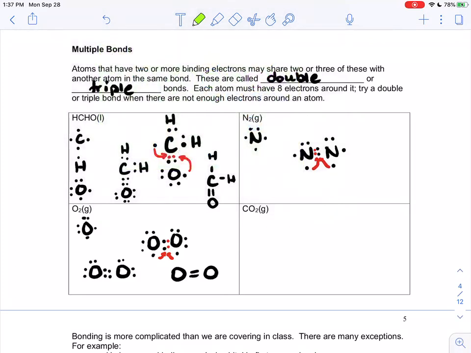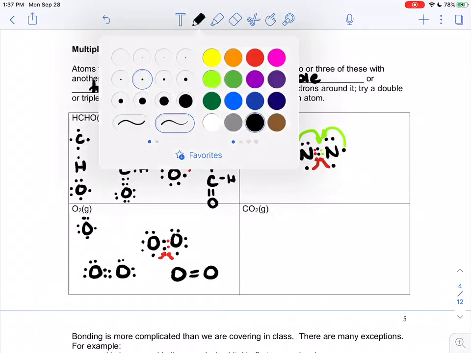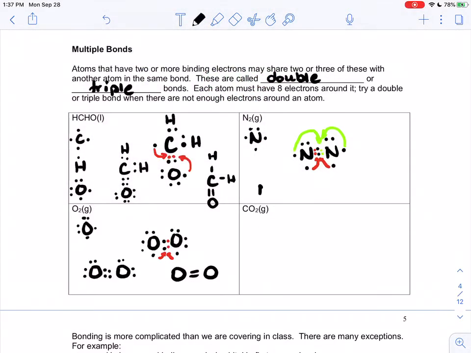So we're going to share a second one. Right? So this actually forms a triple bond. Both nitrogens have one lone pair, but then basically what they do is they share a triple bond. And for the structural diagram, you're basically going to have 2 ends with a triple bond between them.